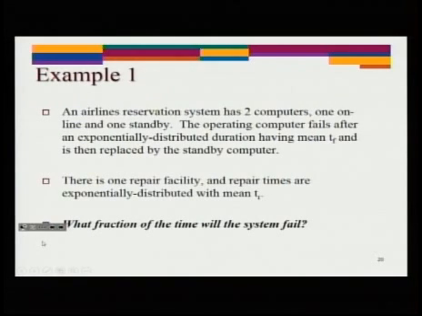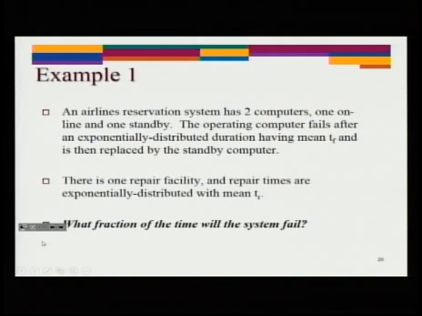Now let's consider one very simple example. I believe this example is very similar to the one that we talked about last time, the light bulb example problem. So let me give you a couple of minutes.